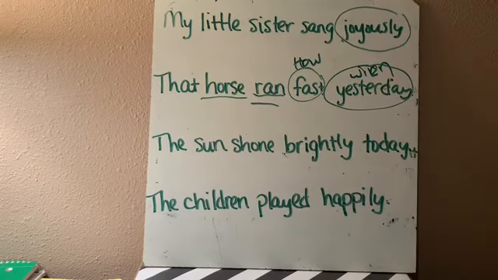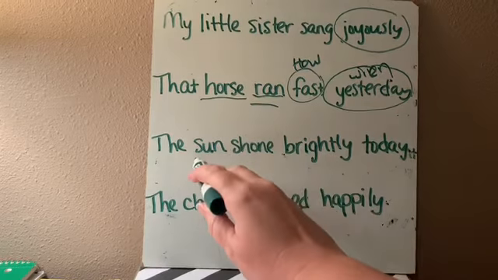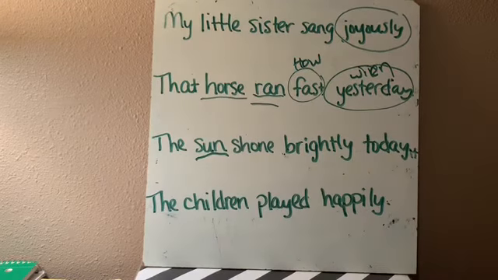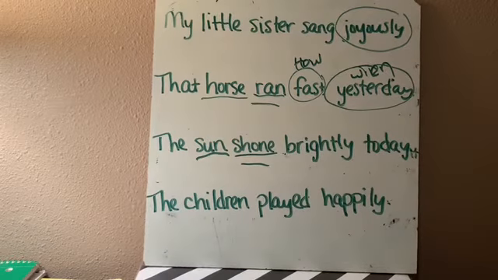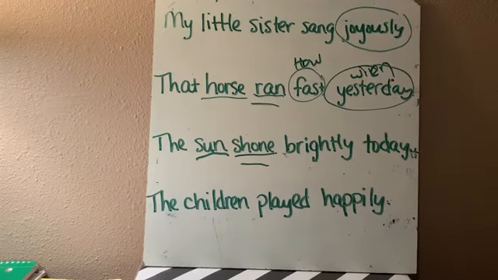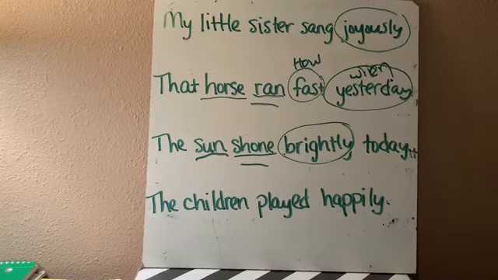Okay. The sun shone brightly today. Let's go all the way through again. What's my subject? Good. Sun. What did the sun do? It shone. Adverbs, how, when, or where. Good. Brightly, so that tells me how.